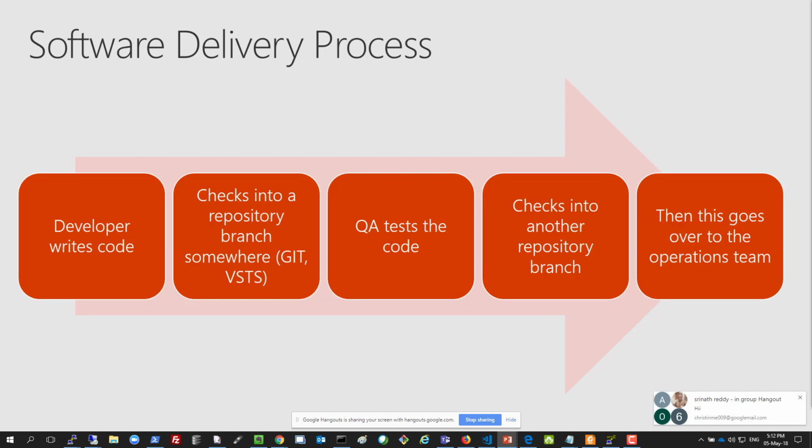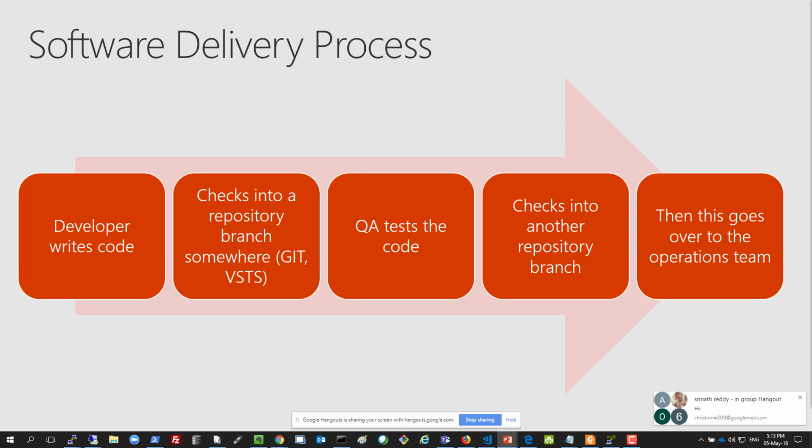The reason why that is important is that if we're going to improve the overall process for software delivery to our end users, we can't improve just one part or one component of this process. We have to improve everything.